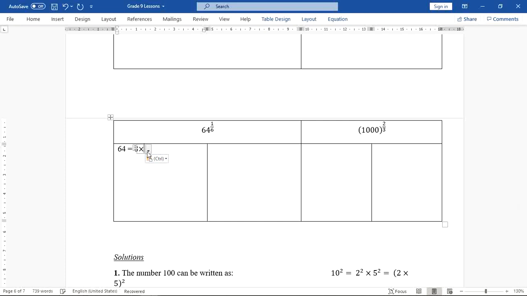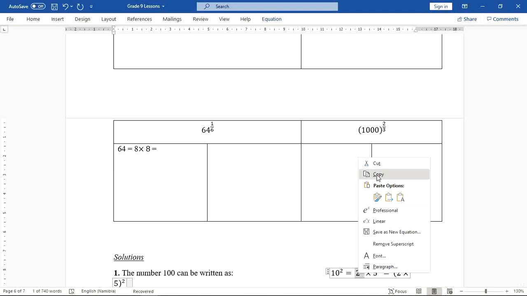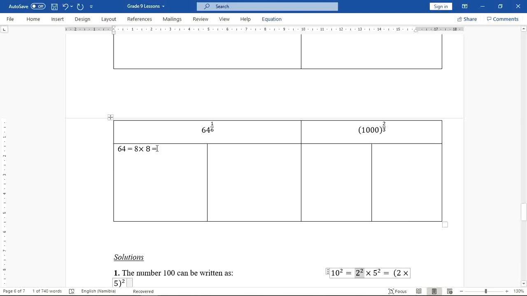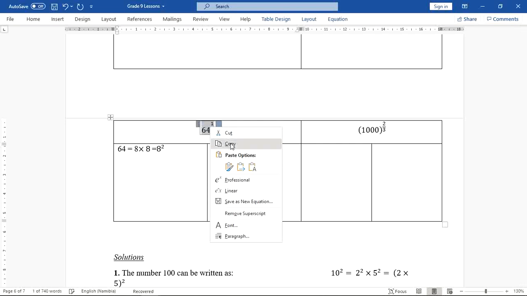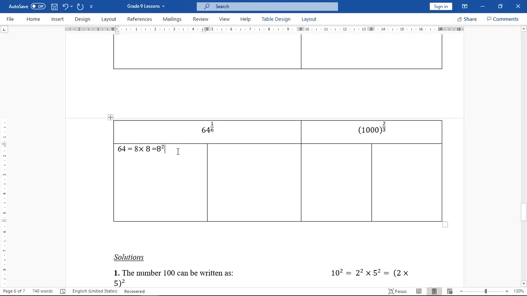I know that 64 is 8 times 8, which I can also write as 8 exponent 2. So instead of having 64 here, I'll use 8 exponent 2.